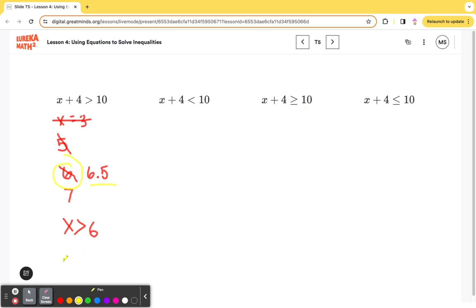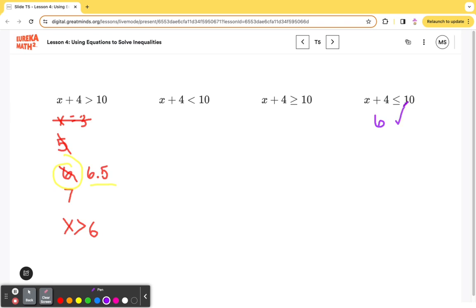So taking a look at some of these, we can talk about one that is less than or equal to or greater than or equal to. Taking a look at x plus 4 is less than or equal to 10. Here, could we say 6? Does that work here? Well, 6 plus 4 is 10.